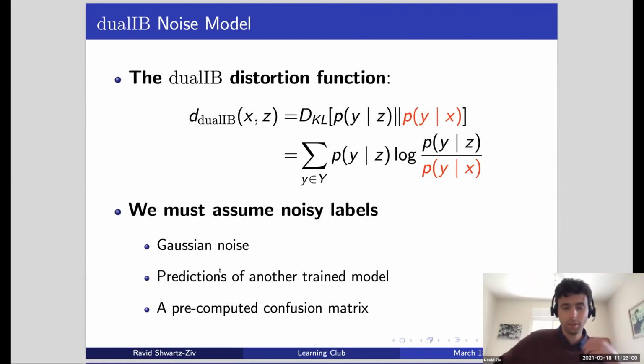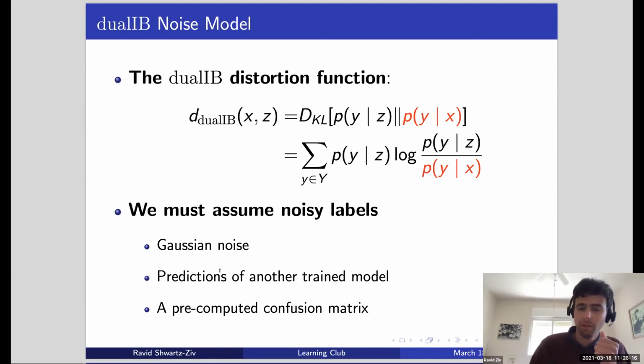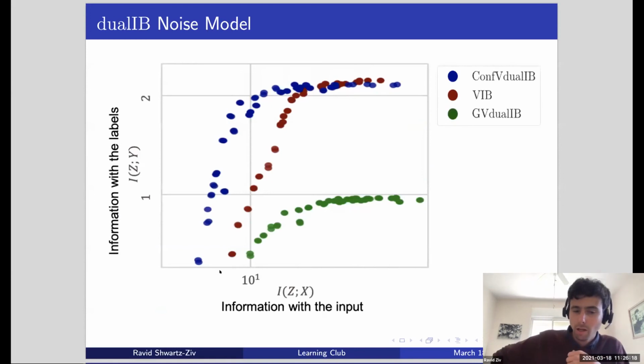You can inject Gaussian noise into your labels, or you can take the prediction of another trained model as your noisy labels, etc. Here we compare different noise models.